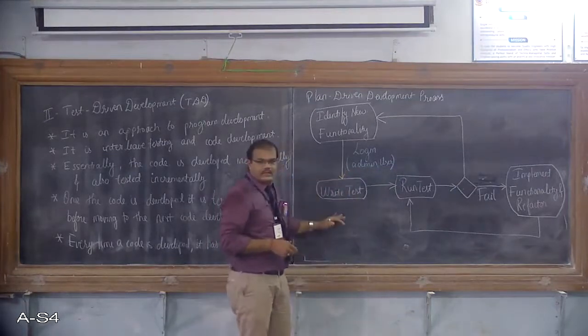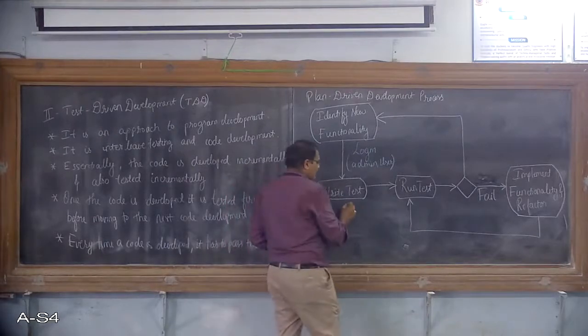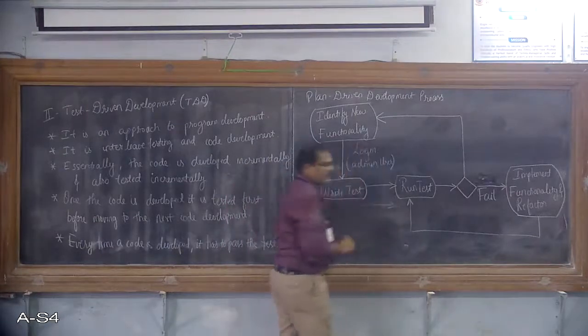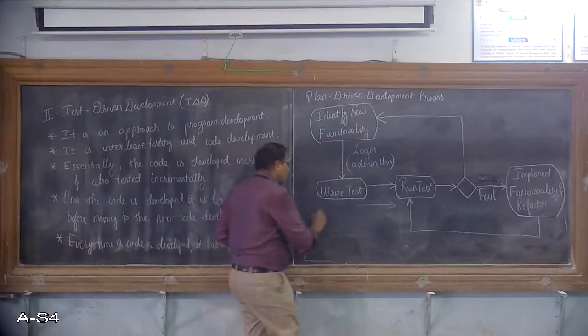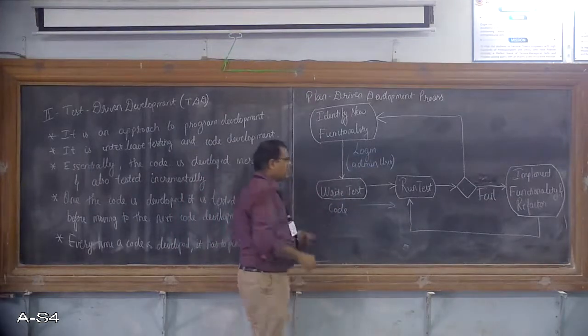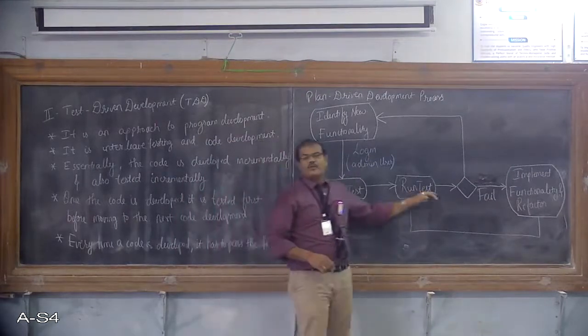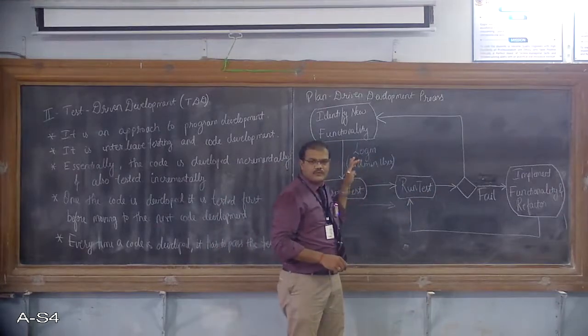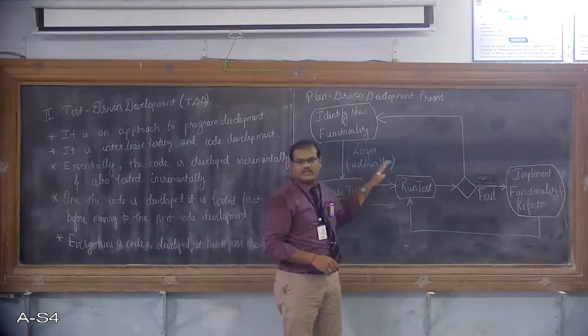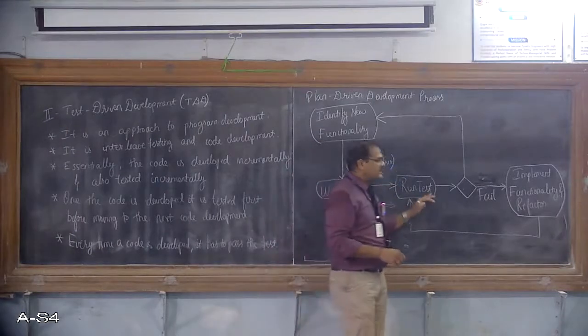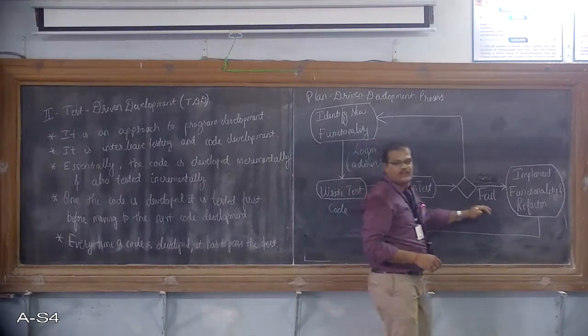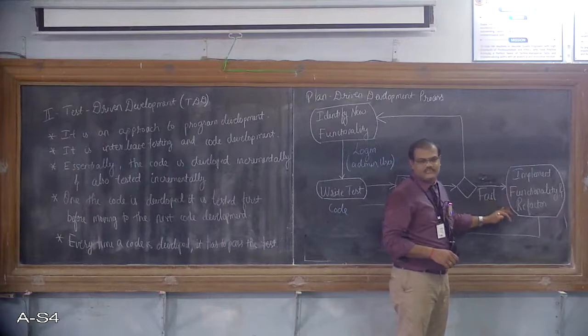Then I'm going to write the code for it. Once I've written the code, I will run a test on it. When I write the code, I'm going to run a test for that particular code. You have to test for both the admin as well as the user. Once the test is complete, we will come to a conclusion whether the test has passed or failed.